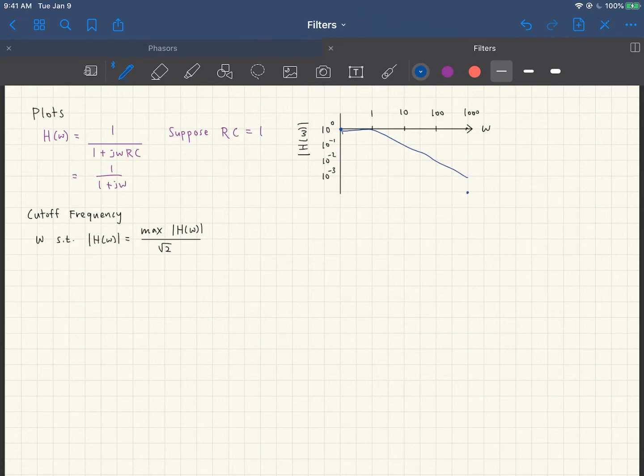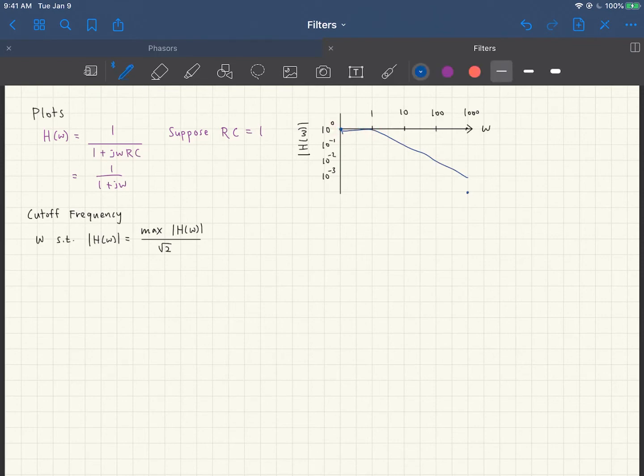When we're talking about the cutoff frequency of a filter, we're talking about the frequency omega such that the magnitude of H of omega is equal to the maximum magnitude over the square root of 2. Given this filter plot, we know the maximum value is 1, since 10 to the 0 is 1.